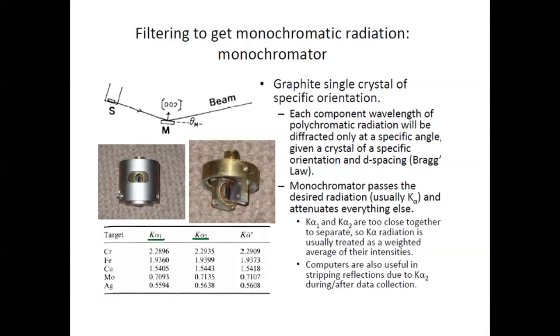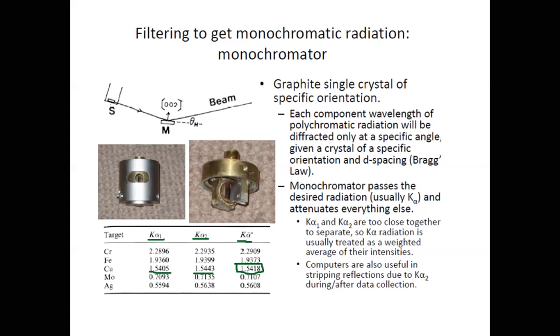And what they do, to get the adjusted K alpha wavelength, is take the wavelength of K alpha 1 and K alpha 2 and do a weighted average of the two, and that's where they get the wavelength K alpha star. This is very similar to, if you remember from Gen Chem 1, when you're calculating the atomic mass of an element, you take the mass number of each and multiply it by its percent abundance.